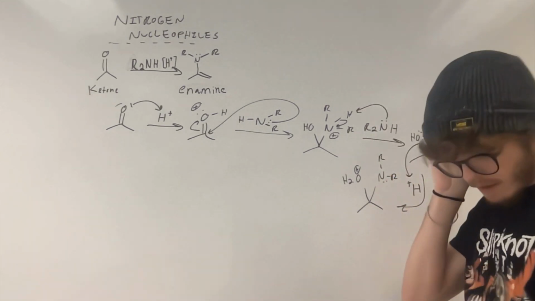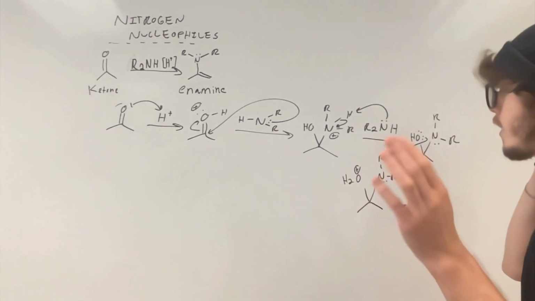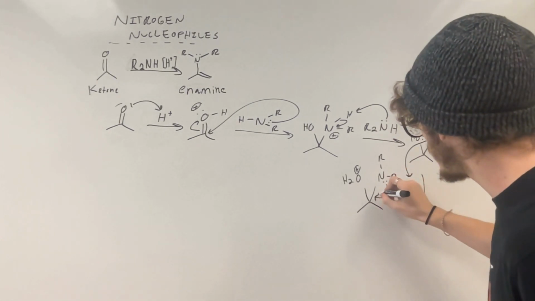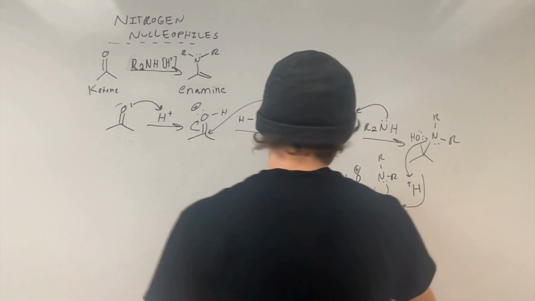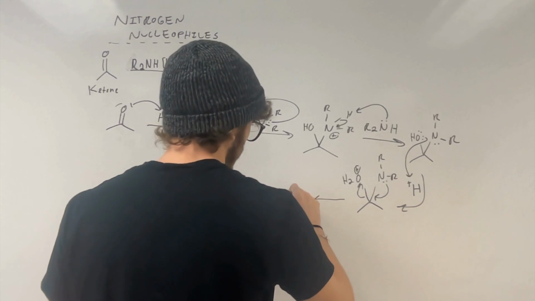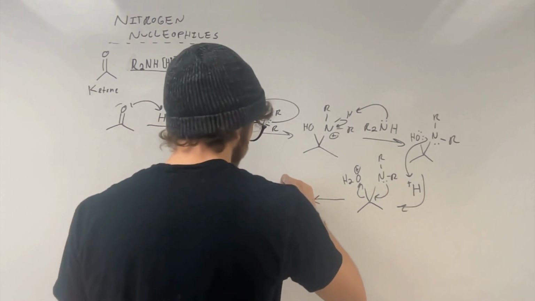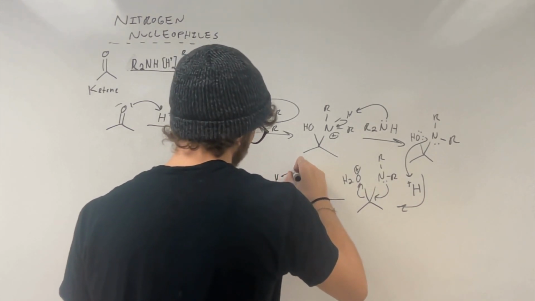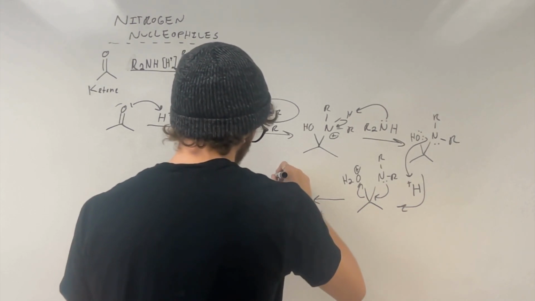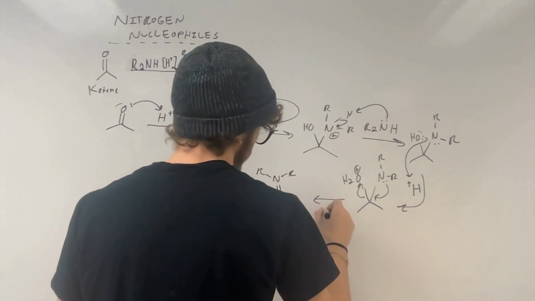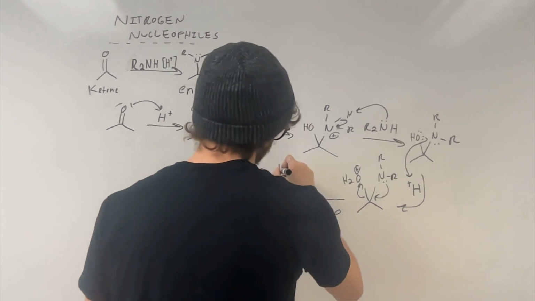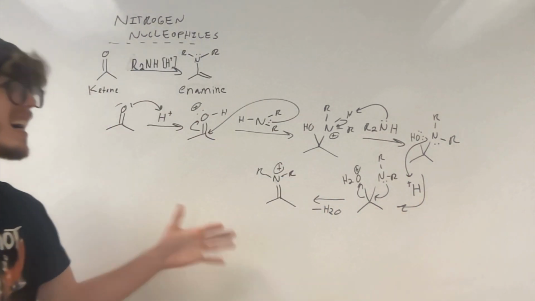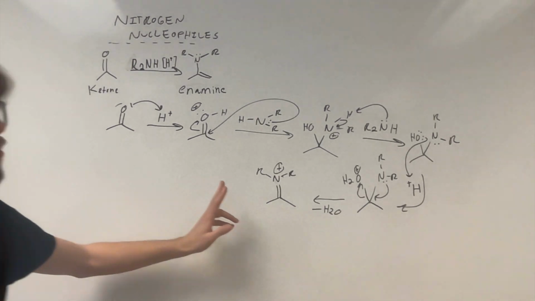Okay, and now nitrogen is like, I'll kick you out, right? Nothing we haven't seen. But I want you to notice a difference here. We lost water, and now we have this positive amine-like thing. But is it a protonated amine?